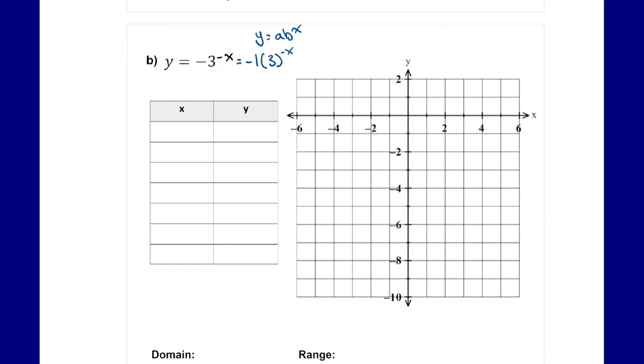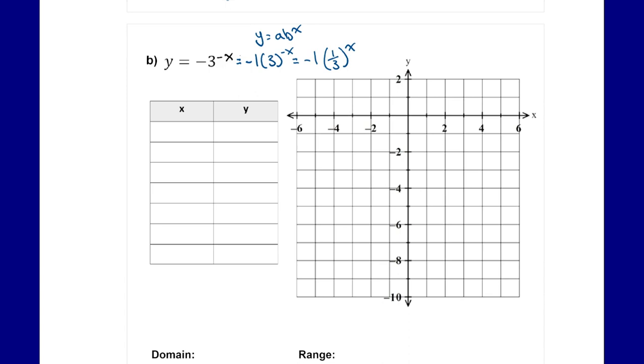But I don't usually have a negative x in my exponential function. I haven't really seen anything like that. So how can we fix that? Well, from our power laws, to get rid of a negative exponent, we flip our base. So in this case, I could write this as negative 1, and I flip my base to 1 over 3, and now my x becomes positive.